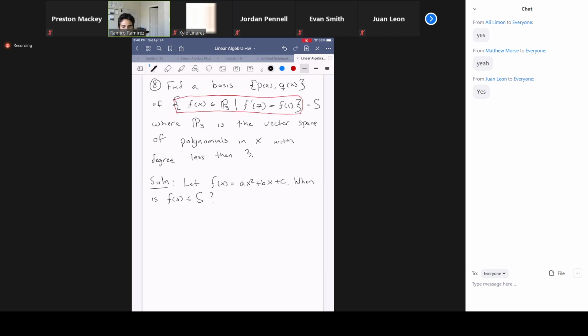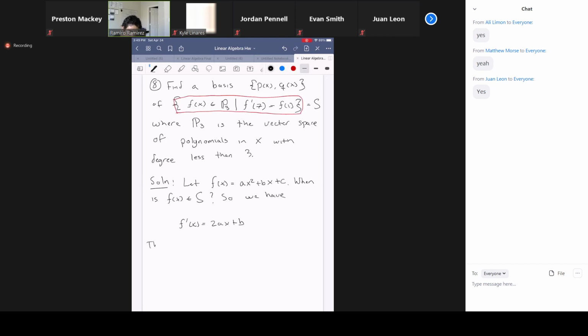Well, it's in there exactly when its derivative at 7 is equal to it evaluated at 1, right? So take f prime at x, which would give me 2ax plus b.